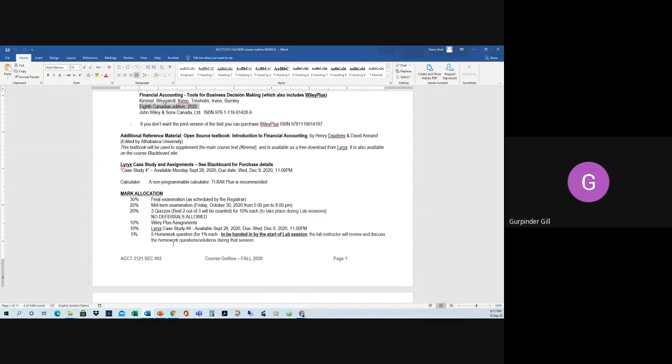Then there is 20% allocated to 3 quizzes, so we will take the best 2 out of 3. 10% is allocated to Wiley Plus assignments, the other 10% to the lyrics assignment, and there is 5% for homework questions. That will be discussed in your lab sections.